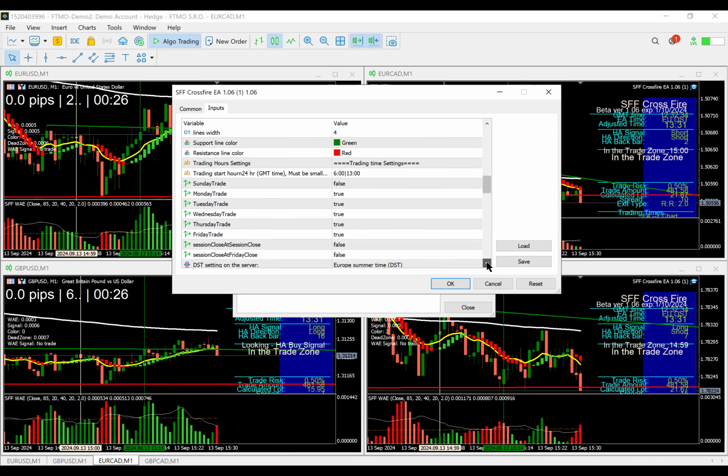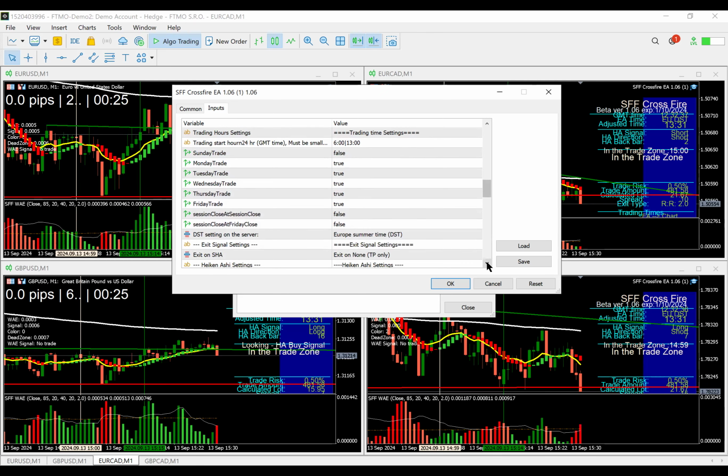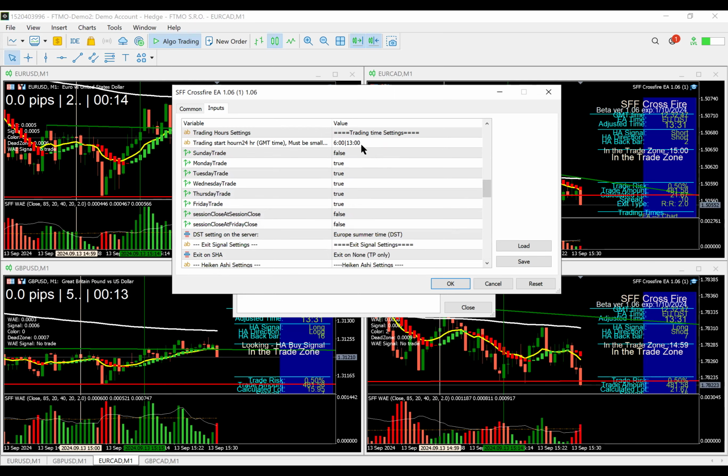Trading time settings. All I've done, well, you need to put on this setting. I could actually just have the 1300 because I don't trade these 4 pairs on the morning session. So I guess I could get rid of that 6 o'clock on this setting and get rid of the 1300 on the morning session setting.